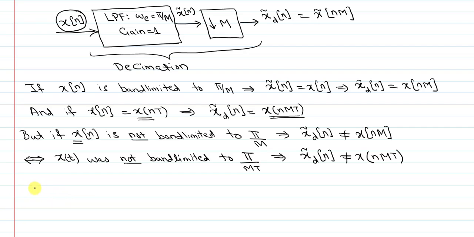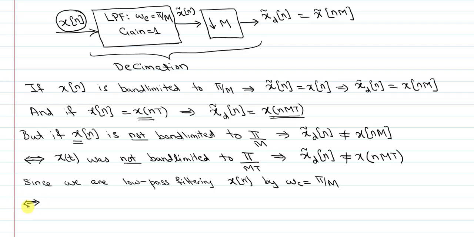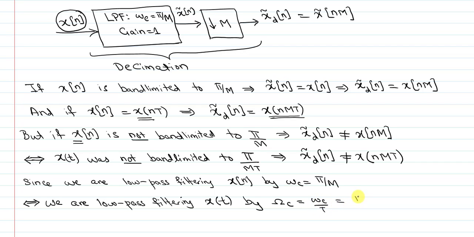Well, since we are low pass filtering x[n] by cutoff frequency of pi over M, this is equivalent to, since x[n] is samples of x(t), saying we are low pass filtering x(t), the original continuous time signal, by cutoff frequency of Ω_c equal to ω_c over T, which is pi over MT.